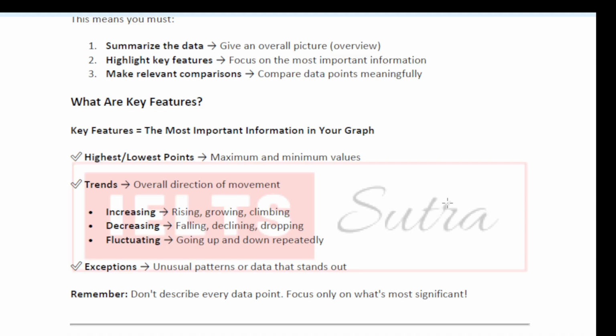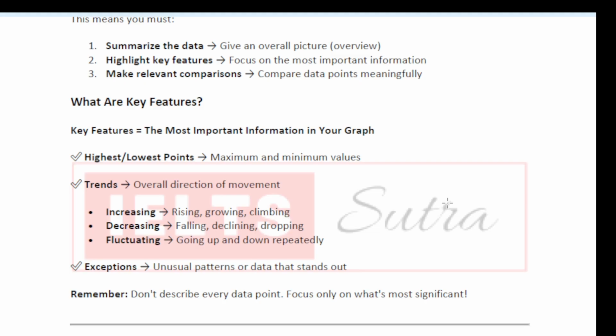In dynamic charts, the values either increase or decrease, or they fluctuate. So these changes in the value of the data are called trends. And we have three different types of trends, where something is either increasing, decreasing, or fluctuating. So whenever you are focusing on the key features, you should always focus on trends as well, that is, what kind of trends this data is showing, especially in case of line graphs.